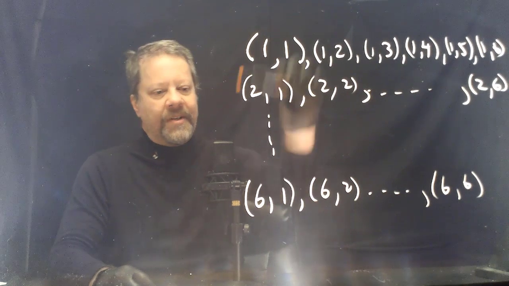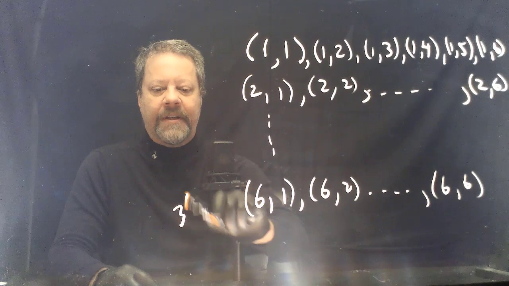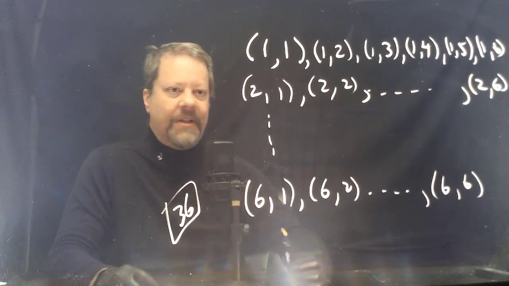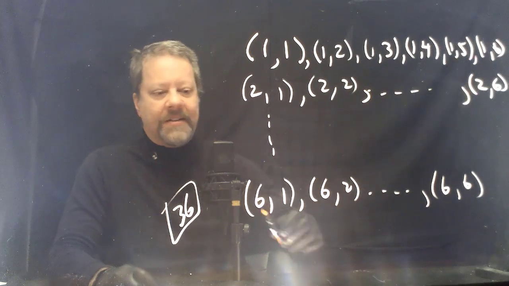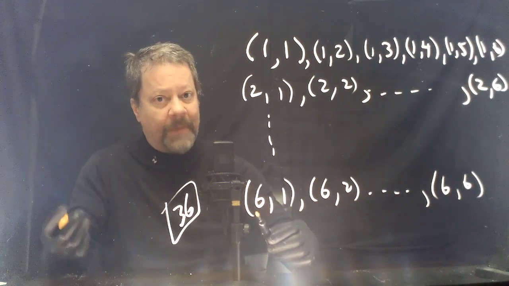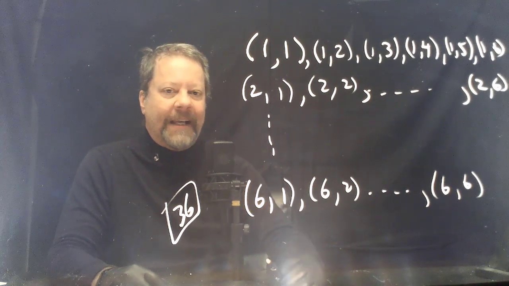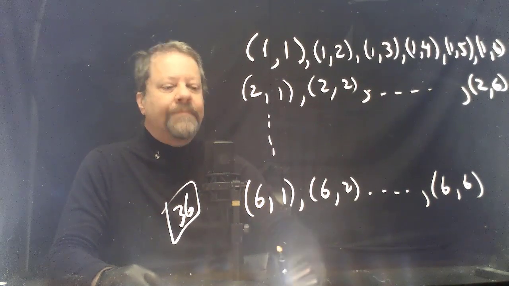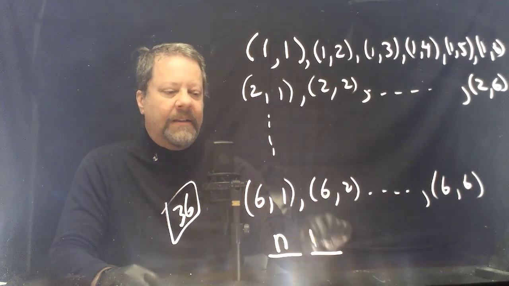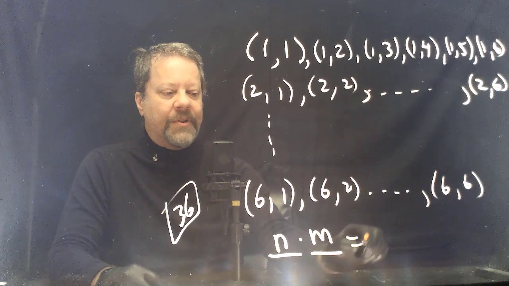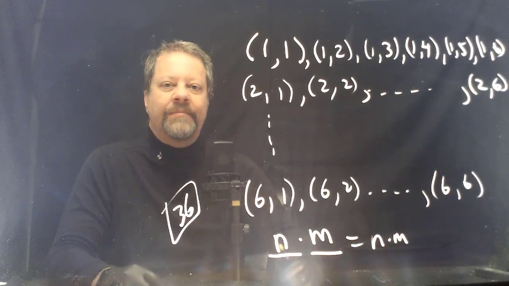So there are 6 rows and 6 columns, and so there's a total of 36, or 6 times 6, possible outcomes. But again, a 1 and a 6 is the same as a 6 and a 1 in some people's minds. So we'll have to figure out a way to eliminate those duplications at some point. But for now, you have n ways to fill the first column and m ways to fill the second column, so you get n times m ways to fill both of those.